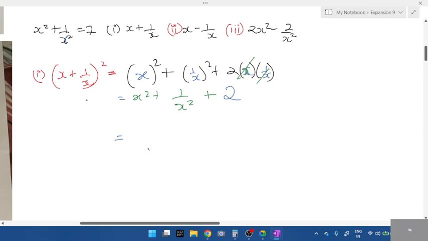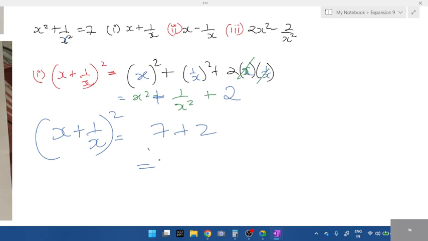Think. You need x plus 1 by x. That is not given. Keep it as it is. Other values will be given, right? What is given? 7 plus 2. Now what will be the next step? That one I know.